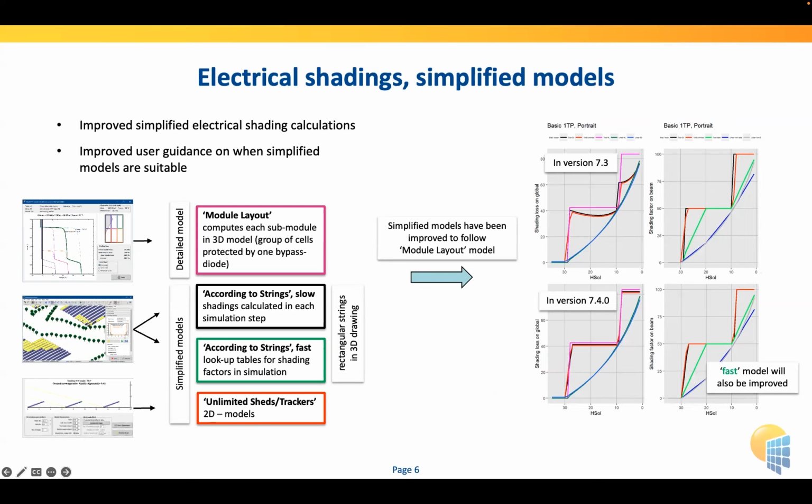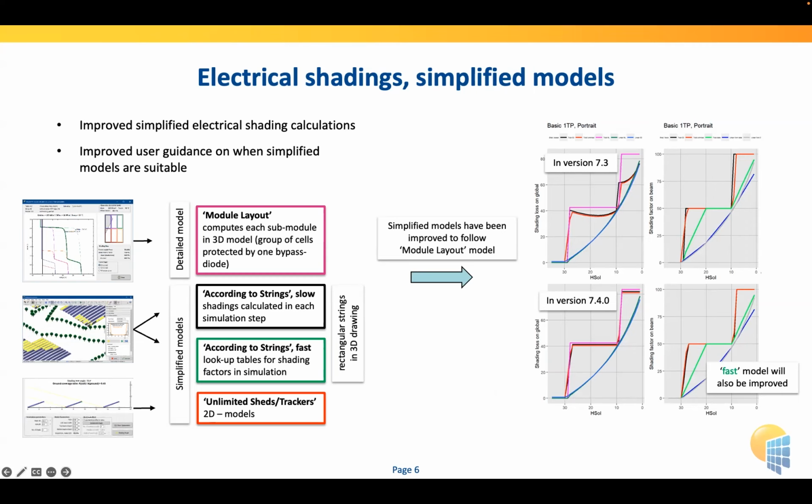And then for very preliminary calculations, we also have 2D modules, which are based on sections of your rows and calculate the row-to-row shadings based on that. They also allow you to calculate these electrical shading effects. These simplified models, we have been matching more and more to the module layout detailed calculation. On the right side, you see an example.